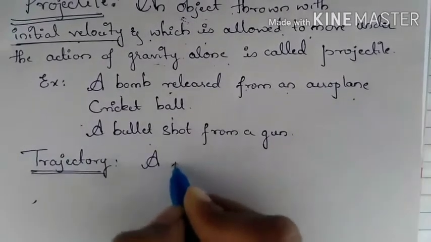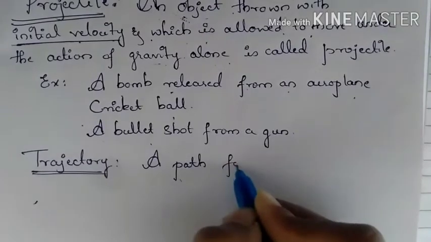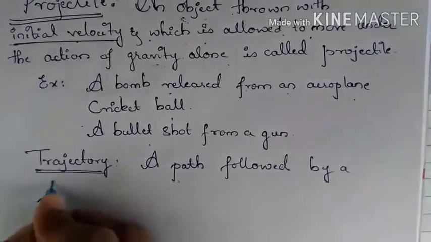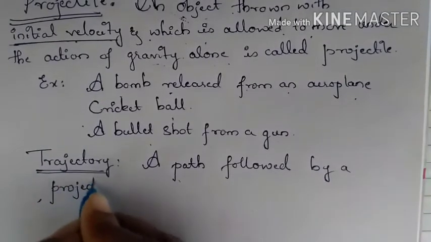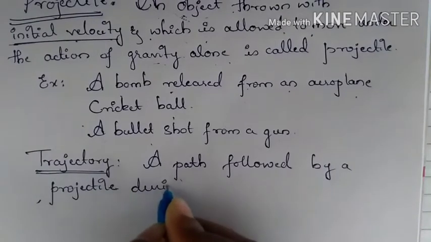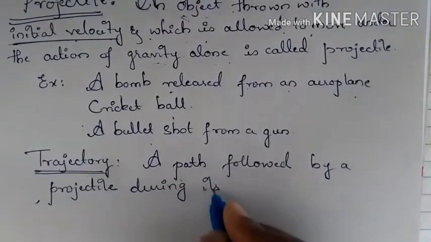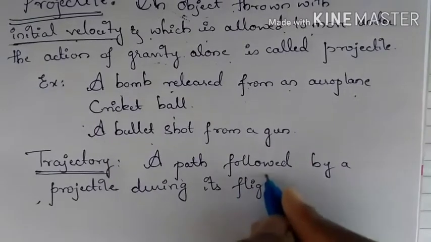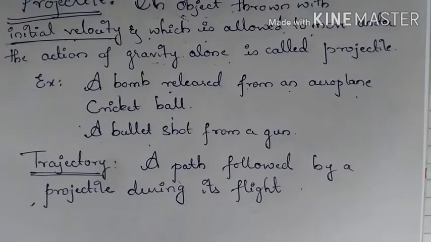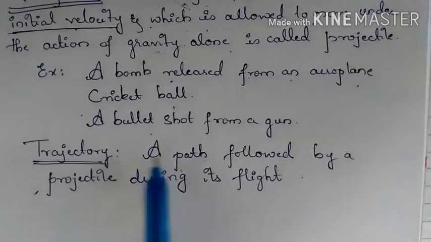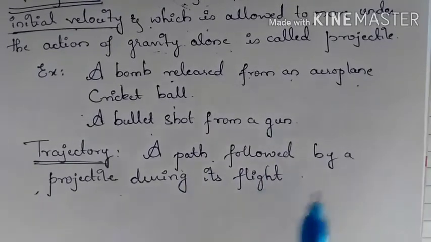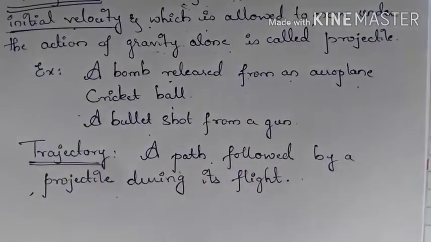A path followed by a projectile during its flight, that is called trajectory. What is trajectory? A path that is followed by a projectile during its flight is known as trajectory.